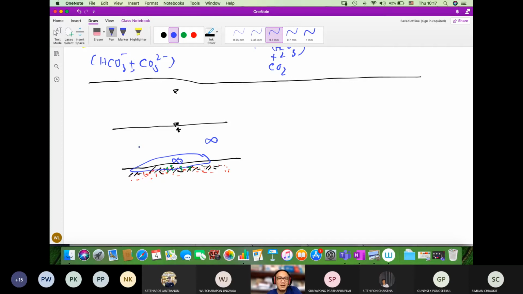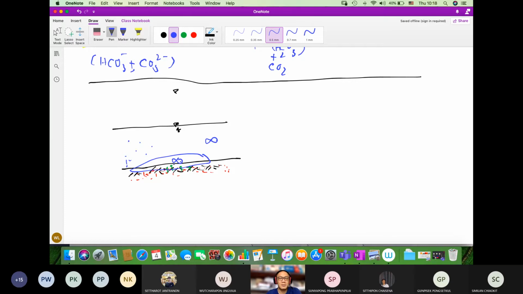At the bottom of the river or the lake, there will be lots of toxic substances accumulated, because mostly suspended particles will finally settle to the bottom of the rivers or the lake.